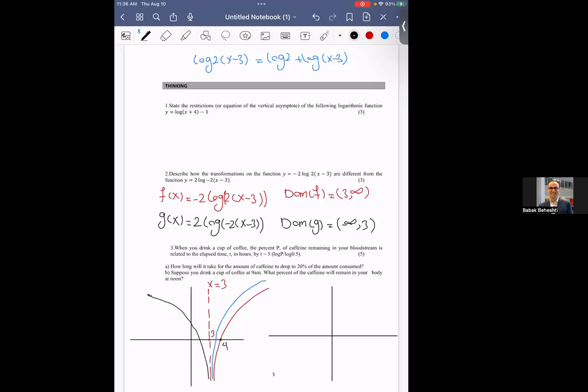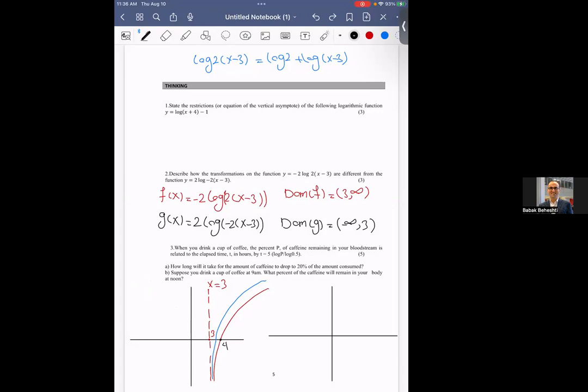So this one is log of, just give me a second. There is no log of minus 2, sorry. At the beginning, it was x equals to minus 2 log. That's something else.